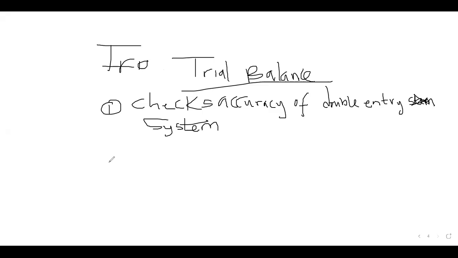Now, we also look at the other aspect, which is called the income statement. So we have the trial balance, which checks the accuracy of the double entry system. Then we're getting down to the income statement. This one is also called the trading profit and loss account.